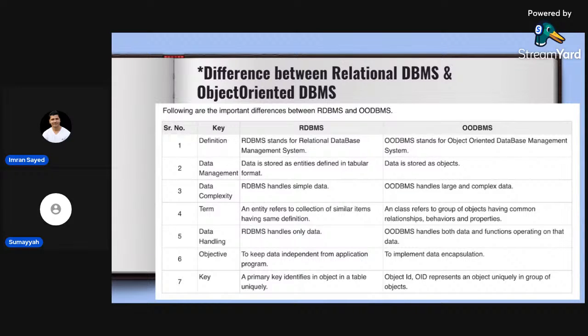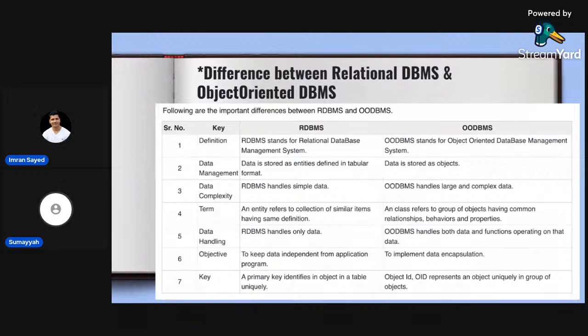Okay, so read it. Read for yourself. In the RDBMS, data is stored as entities defined in tabular format. In ODBMS, data is stored as objects. RDBMS handles simple data. ODBMS handles large and complex data. An entity refers to a collection of similar items having the same definition. A class refers to a group of objects having common relationships, behaviors, and properties.